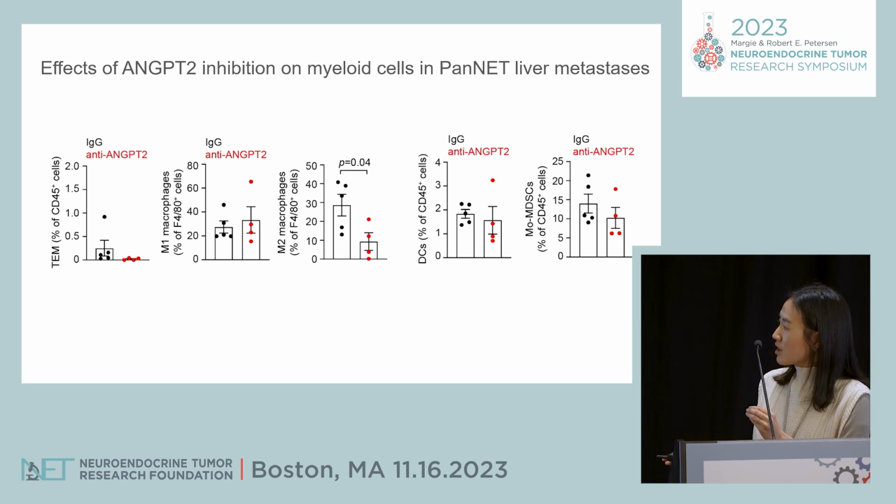For the other cells, we found no big difference between control and anti-angiopoietin 2 for M1 macrophages, dendritic cells, or monocytic MDSCs. However, we found a significant reduction of M2 macrophages after blocking angiopoietin 2, which was quite interesting as well.